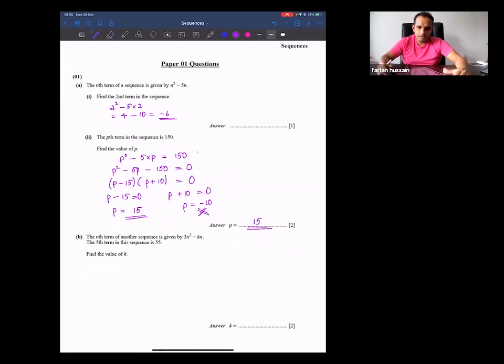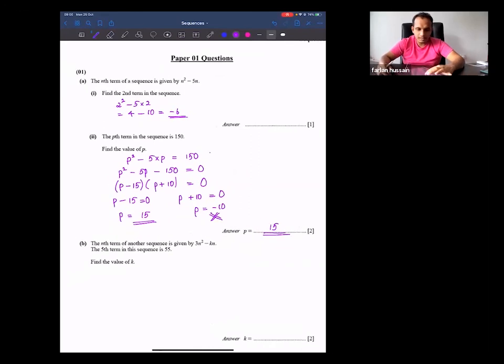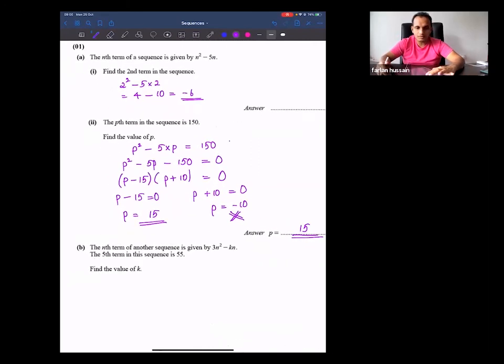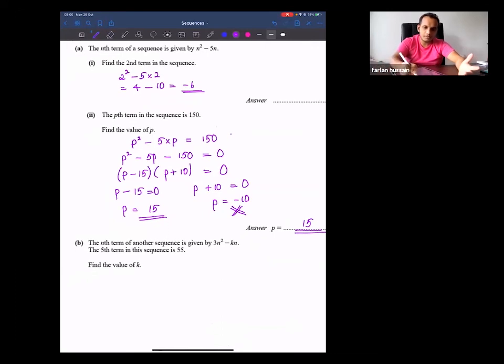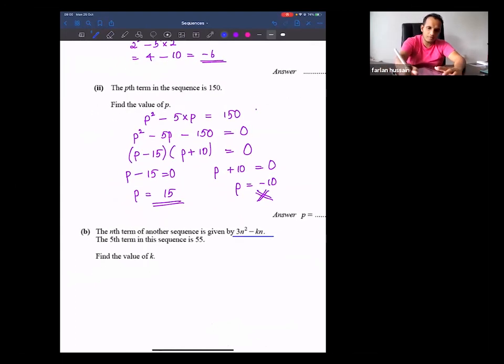And the next one, part B, the nth term of another sequence. Now they are talking about something that's not related to the previous one. Nth term of another sequence is given by 3n square minus kn. The fifth term in this sequence is given as 55. They have told already the fifth term is 55 and they want you to find the value of k. So how can that be done?